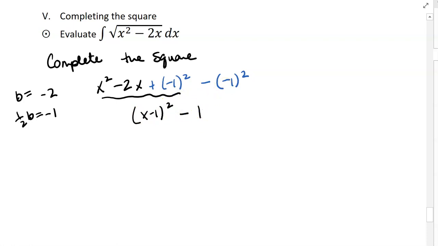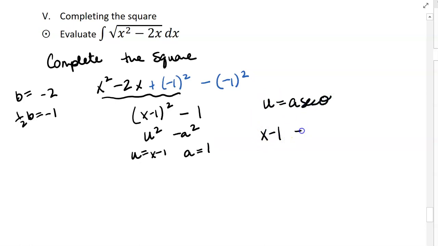So now what we've done is we've created a u squared minus a squared where u equals x minus 1 and a equals 1. So we can use the substitution u equals a secant theta. So x minus 1 equals 1 secant theta. Or another way to say that is secant of theta equals x minus 1 over 1.